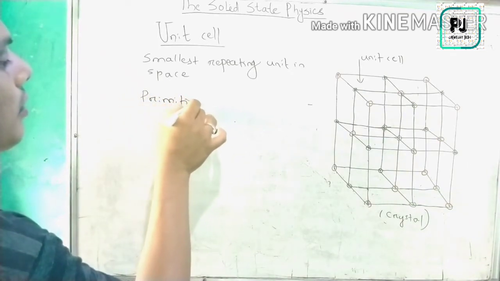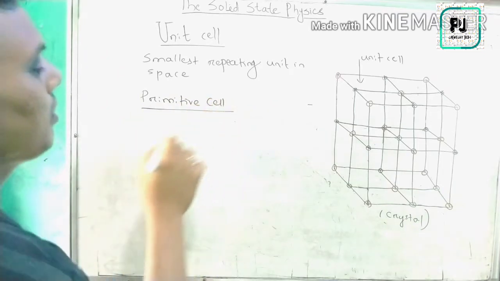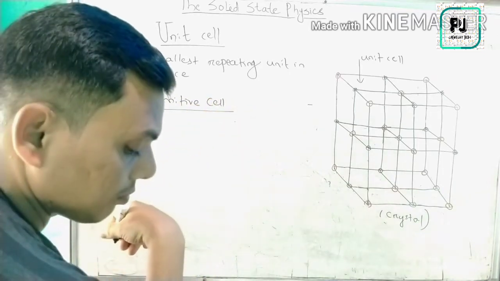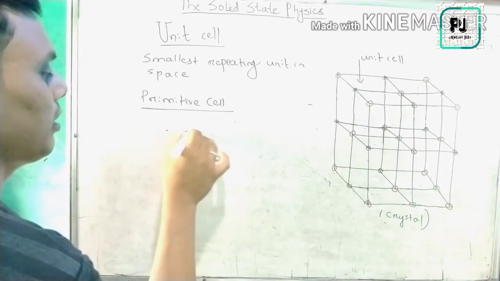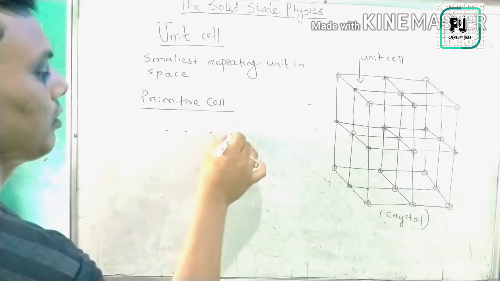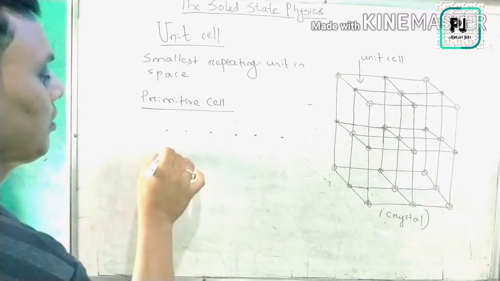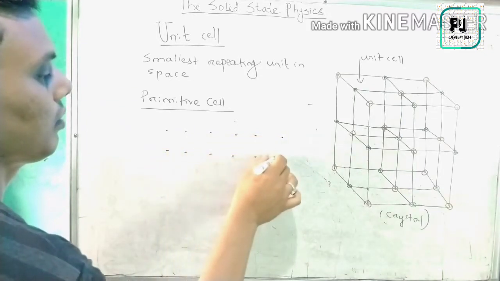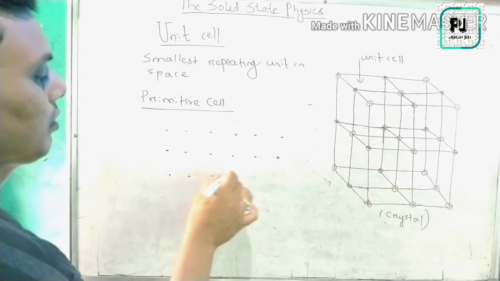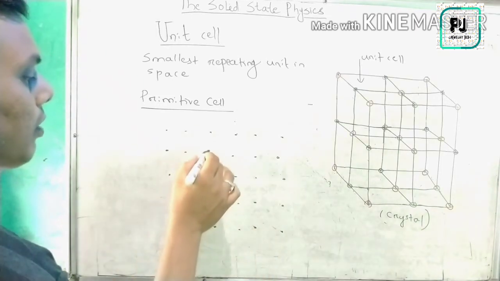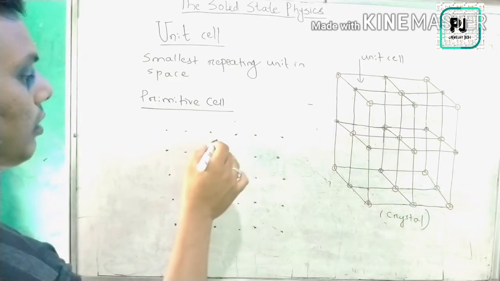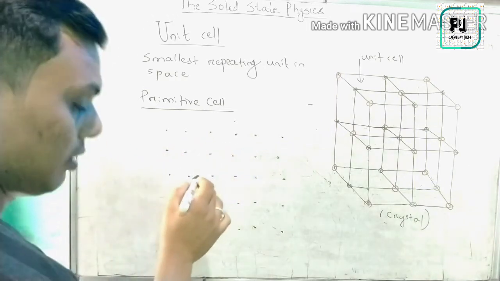What is a primitive cell? As I have told you, we regularly arrange these here. Suppose you are regularly arranging them, and we draw the figure like this.